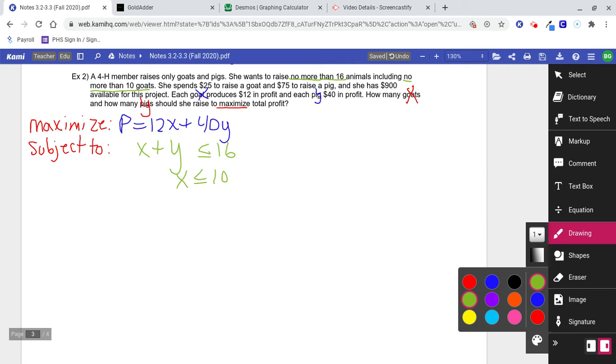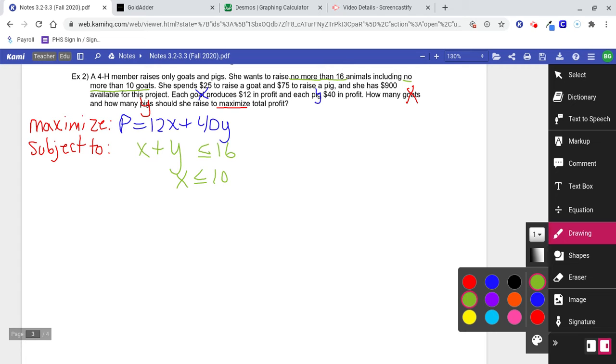Okay. The next set of numbers all have dollar signs in them, so you would expect those three numbers to go together. She spends $25 to raise a goat and $75 to raise a pig, and she has $900 available for this project. Okay. It's not as obvious that that's an inequality, but think about it. Can she spend $1,000? No, because she has a limitation.